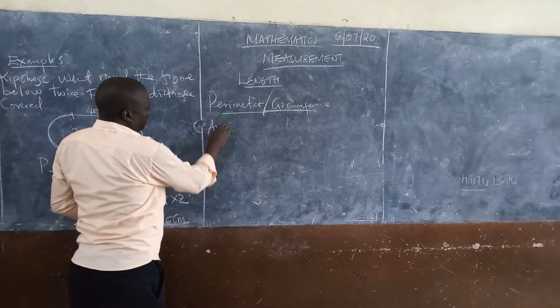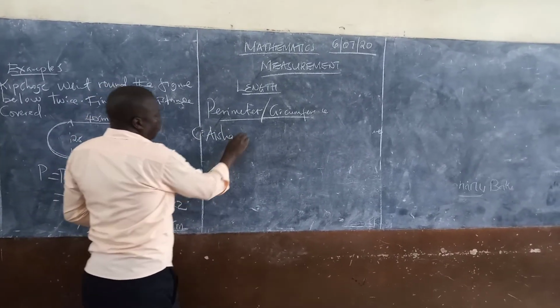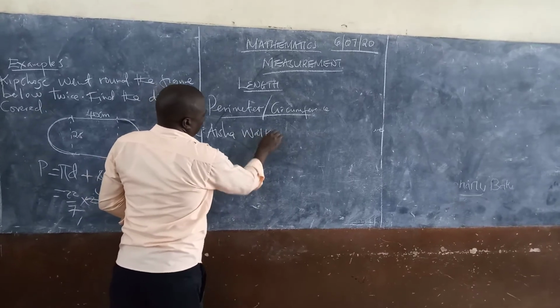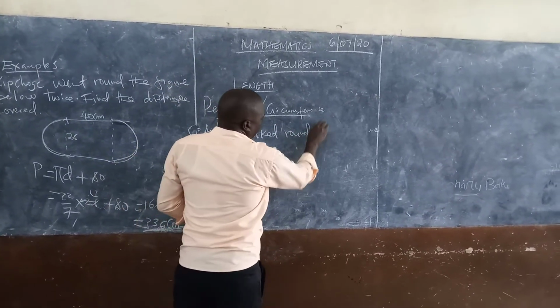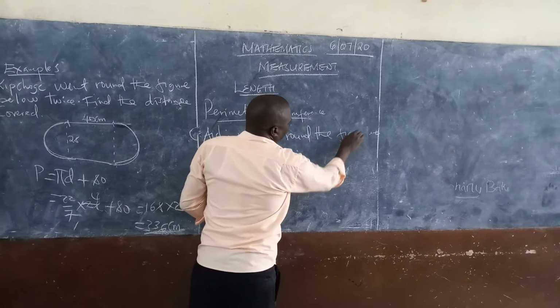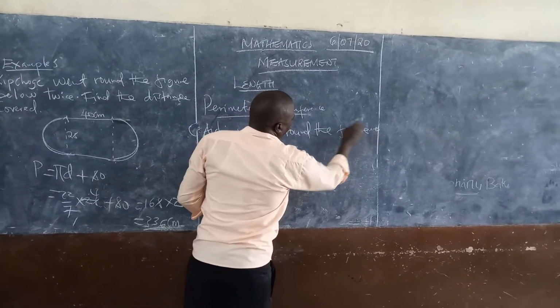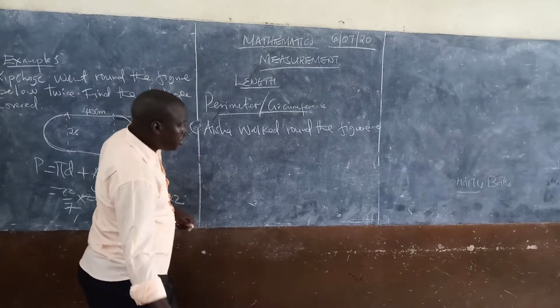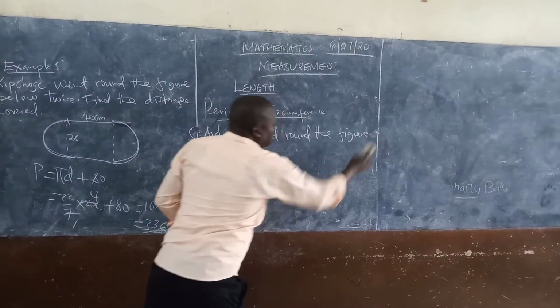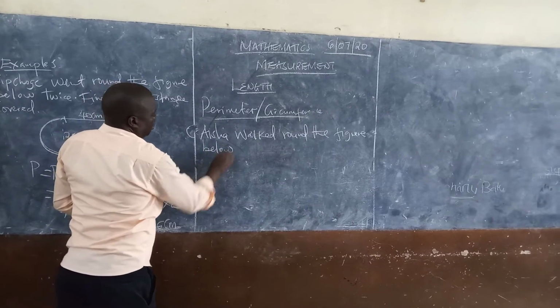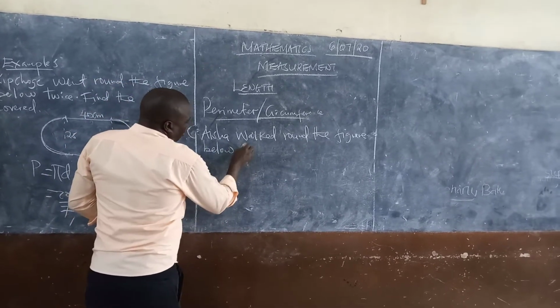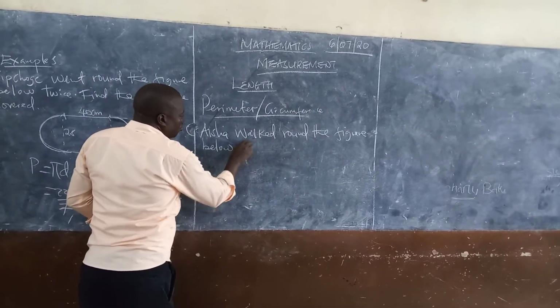Aisha walked round the figure below twice.